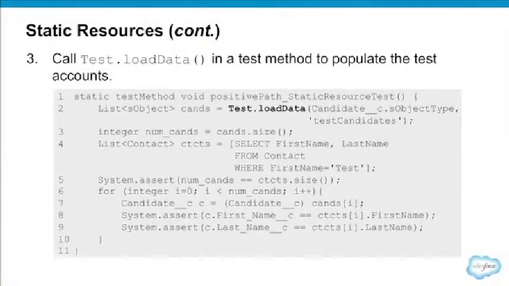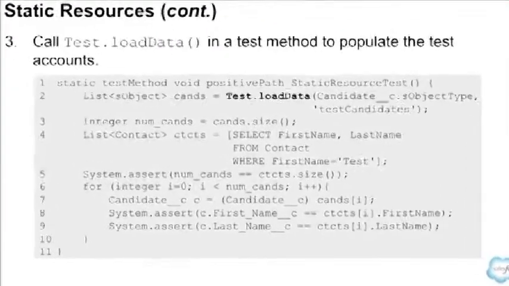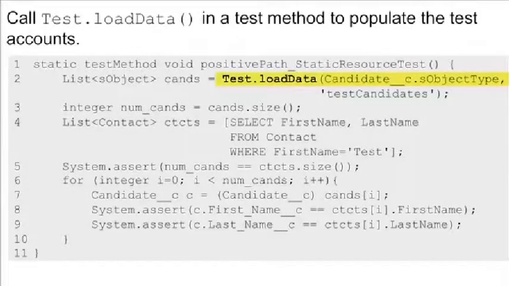Then what we can do is use Test.loadData, and you're going to specify the object type using this notation. So in this case, it's going to be Candidate__c.sObjectType. And then the second argument is the name of the static resource that is the CSV file.